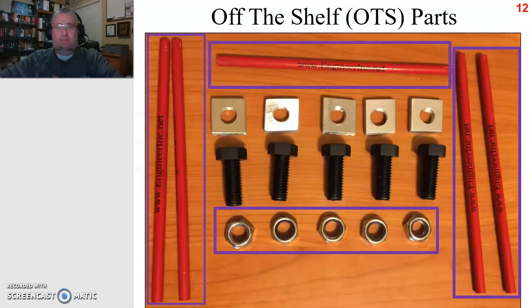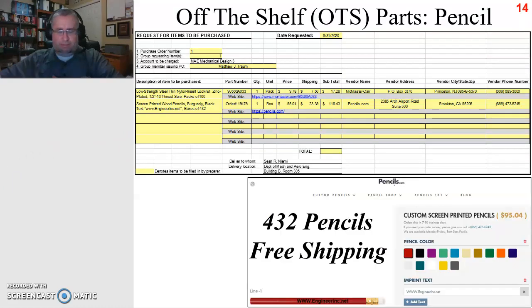The other off-the-shelf item is, of course, the pencils. And so, where did I get these pencils? They're customized pencils. They have the website of my company on them, and they're this kind of nice red color, which is one of the colors that goes along with the company. And so, I had to get these pencils custom made. The place that I went to do that was pencils.com.